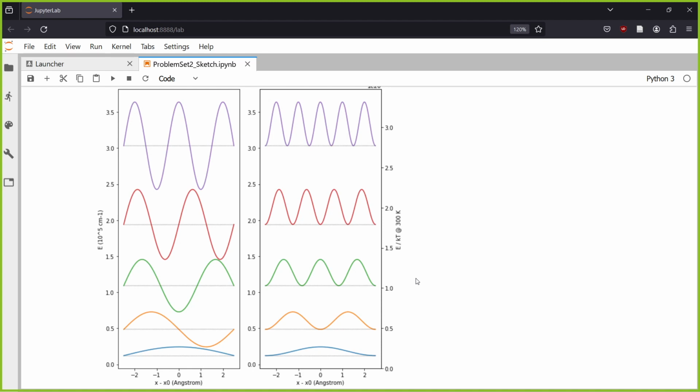So there's equal probability to be on the left side as on the right side of the box for any level. It's not hard to show, and in fact, I think part of the problem set will be to do this. The average is going to be the exact same. So the average for every wave function is L over 2.